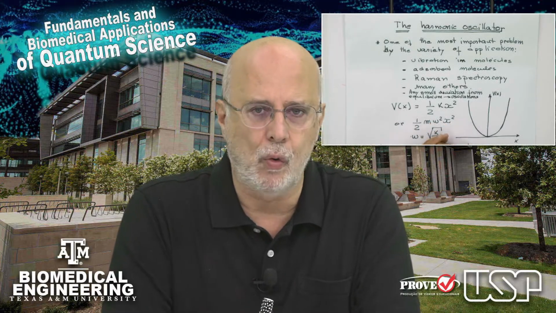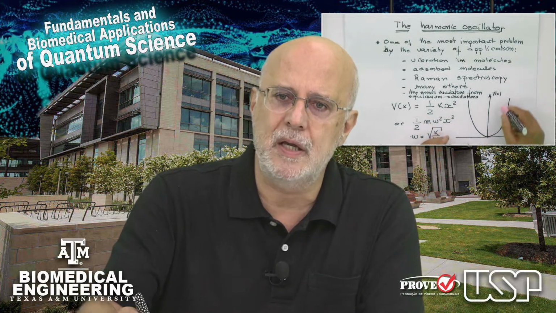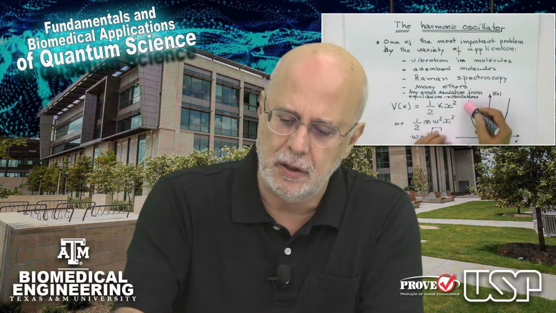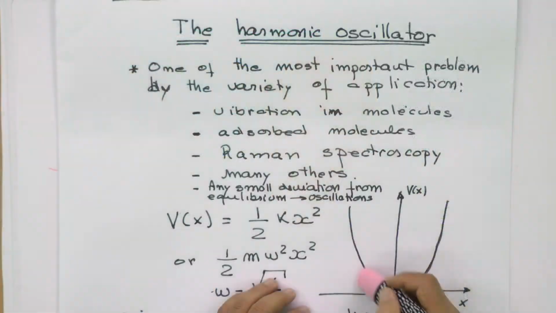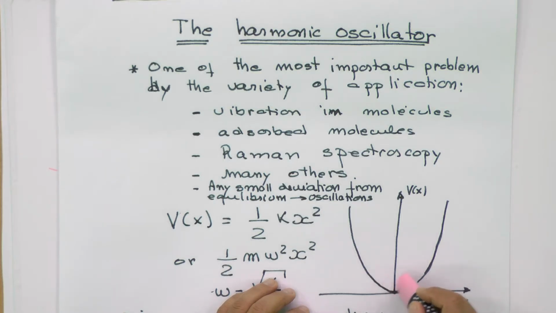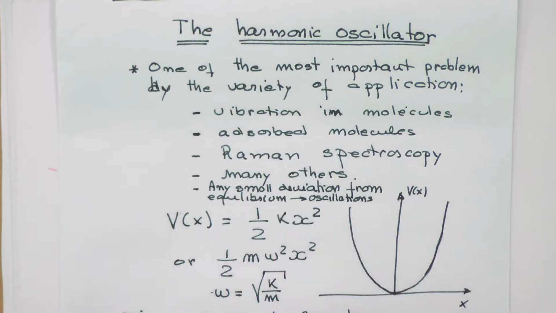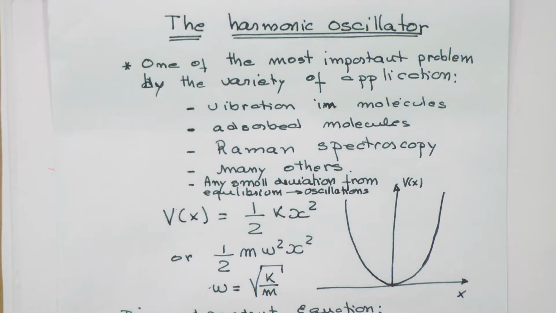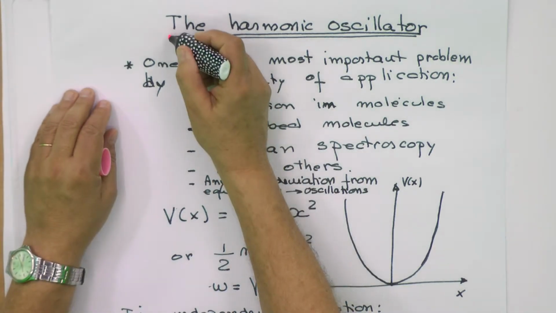In the harmonic case, no. It doesn't matter what the amplitude of oscillation is. Particles can oscillate at different amplitudes, small or big, and they have the same frequency. So that's the harmonic oscillator.